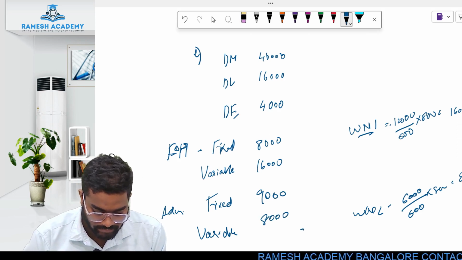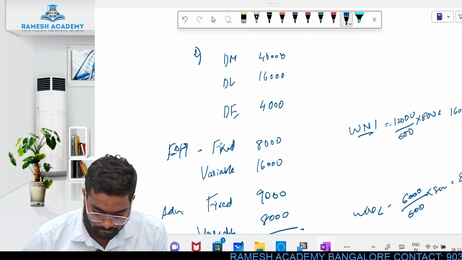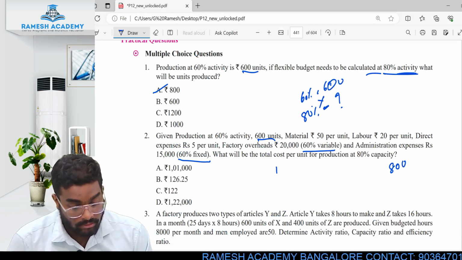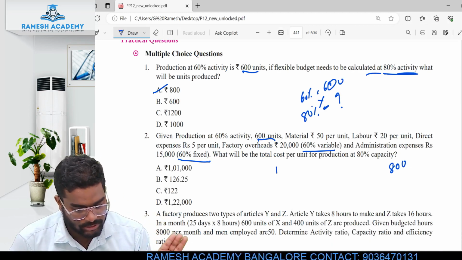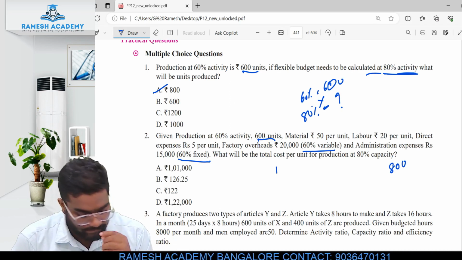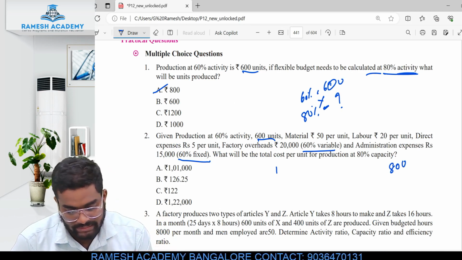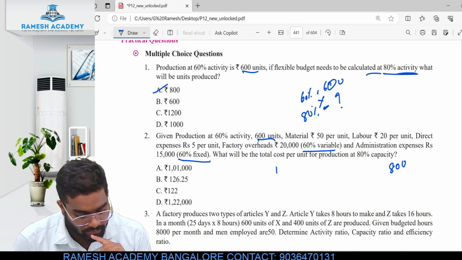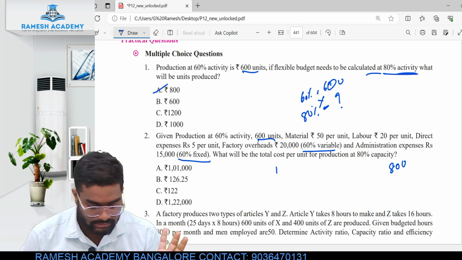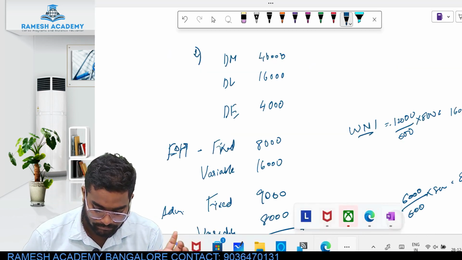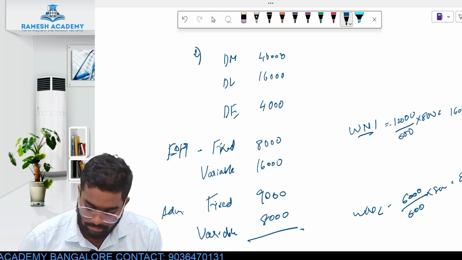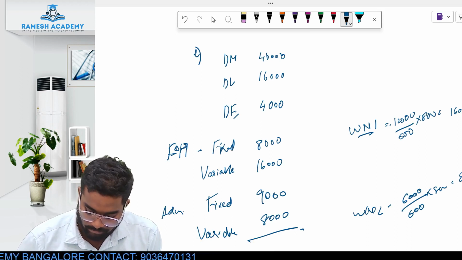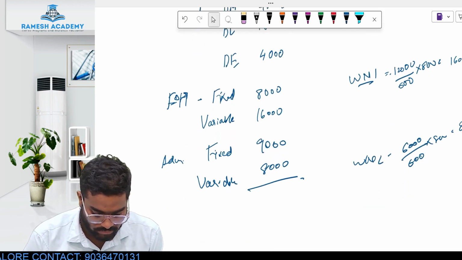So did we leave anything behind? We'll check it once again. We have taken the material cost, the labor, the direct expenses. Factory overhead, fixed 8,000 and variable 16,000 calculated for 800 units, and admin 9,000 and 8,000. We'll add it up. 40,000 plus 16,000 plus 4,000 plus 8 plus 16 plus 9 plus 8 is 1,01,000.